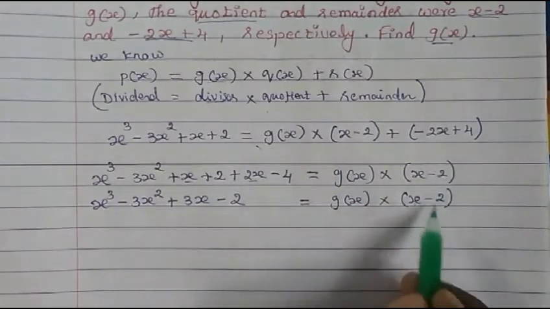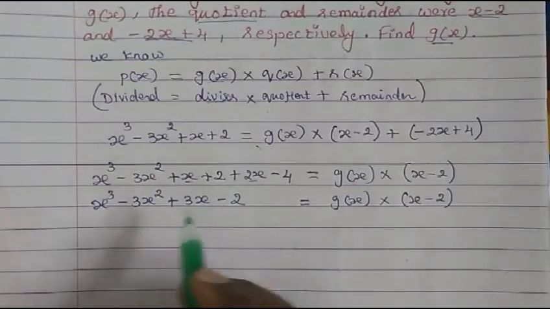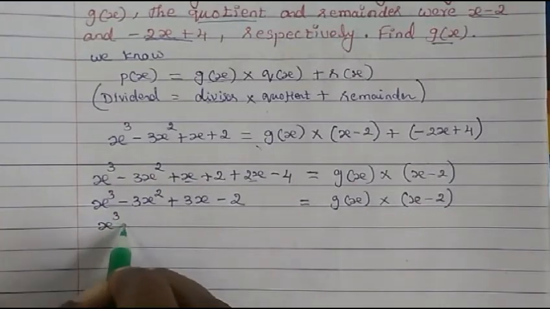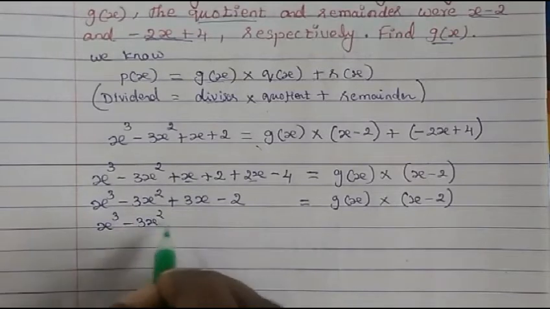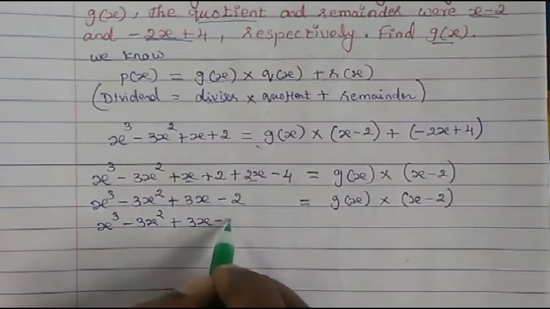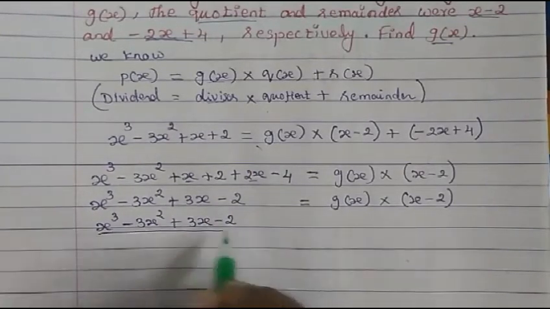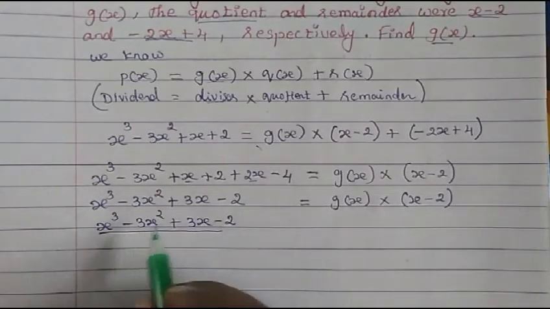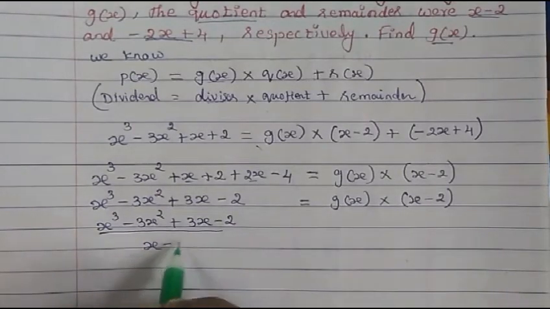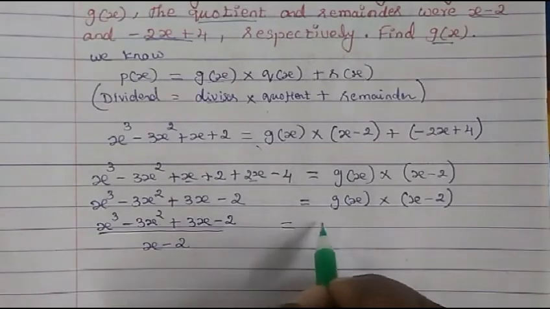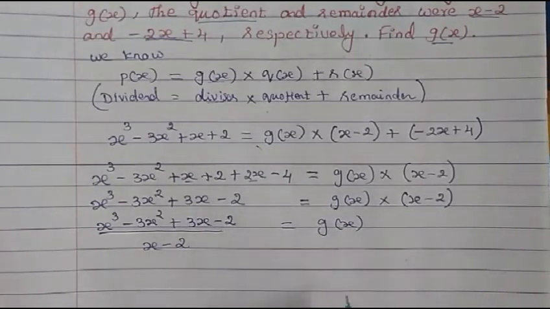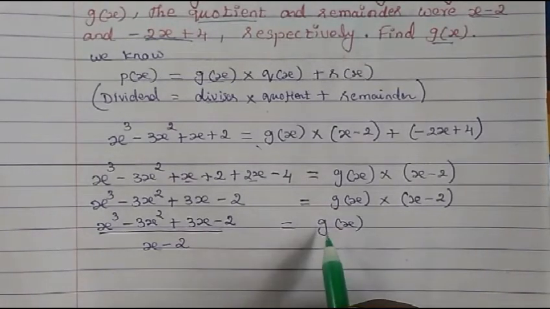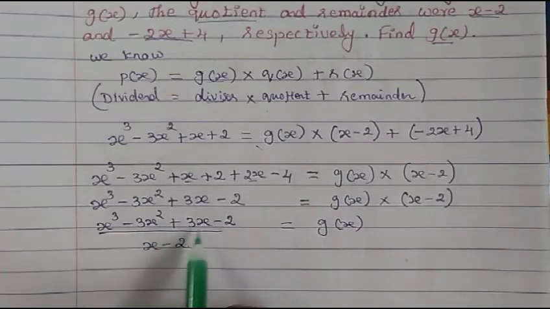So now let's bring this x minus 2 to the other side. So x cube minus 3x square plus 3x minus 2. This is in multiplication, so when it comes to this side, it will become division. Then equal to g of x. So g of x value we will get when we divide this. So how to divide this?